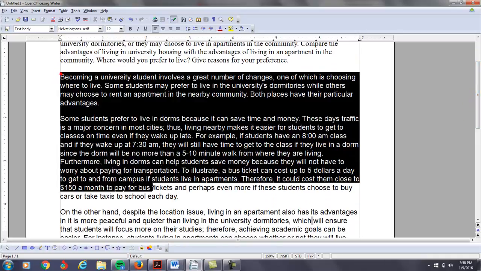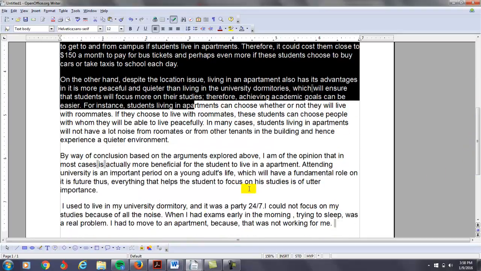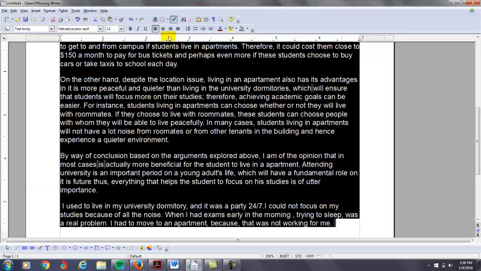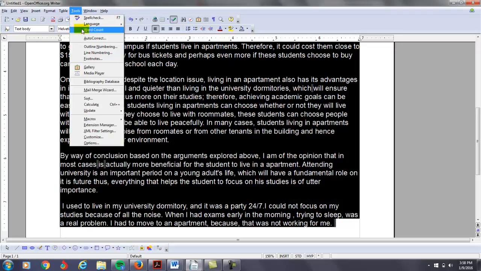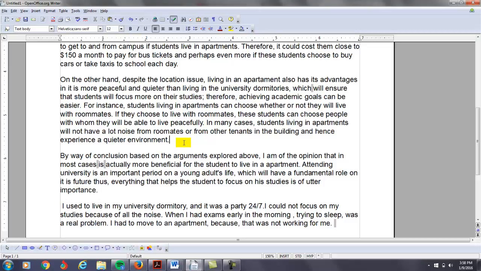Okay, let's take a look at where we are with our words right now. How many? I'm going to make a few changes here. Remember, we have to figure out how we want to integrate that personal example into your final paragraph. Okay, we're good. We're at 450. So I'm expanding your ideas a little bit more.